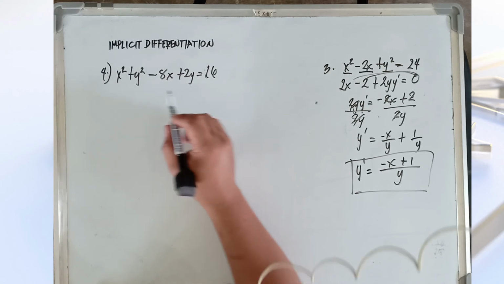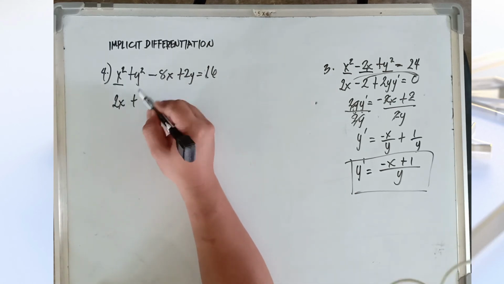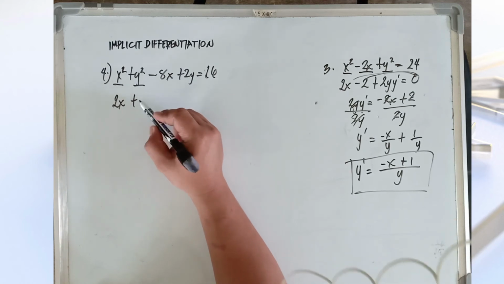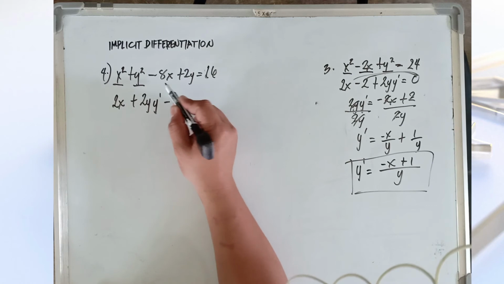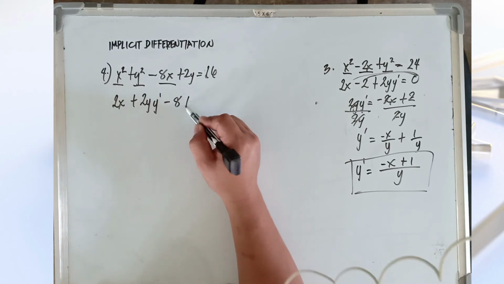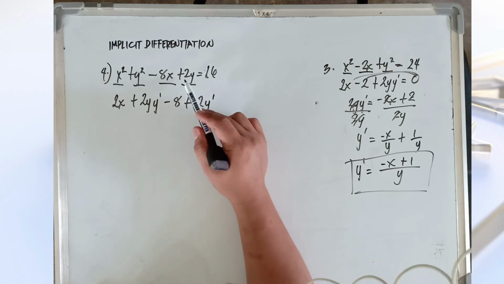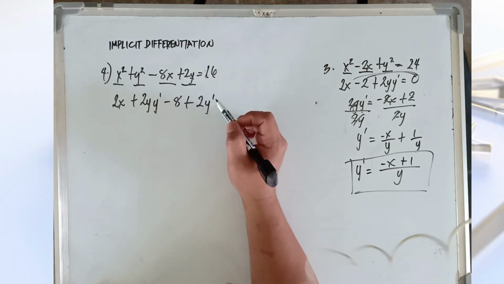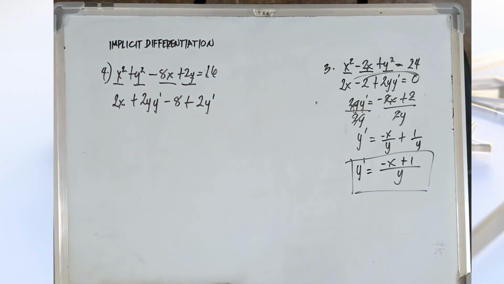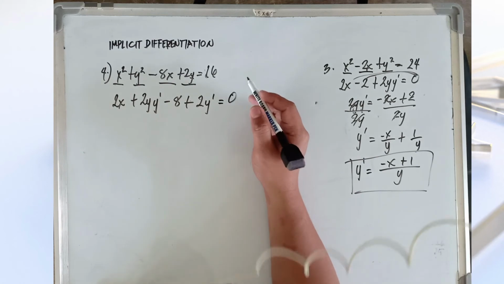Let's use implicit differentiation. The derivative of x squared is 2x plus the derivative of y squared is 2y, y prime, minus the derivative of this is 8 plus the derivative of this is 2y prime. The derivative of 2y is 2 times the derivative of y, which is 2y prime. Is equal to the derivative of 16, which is 0.